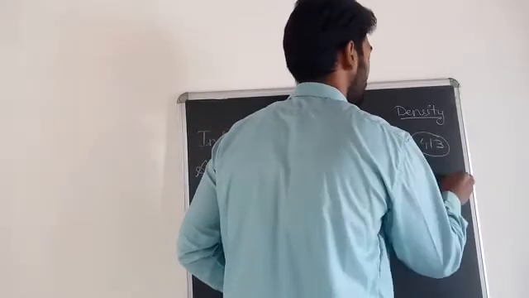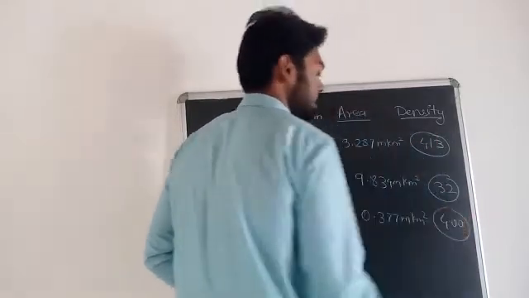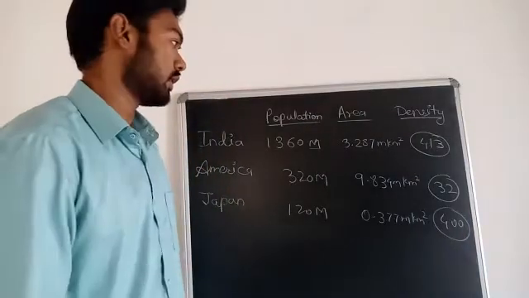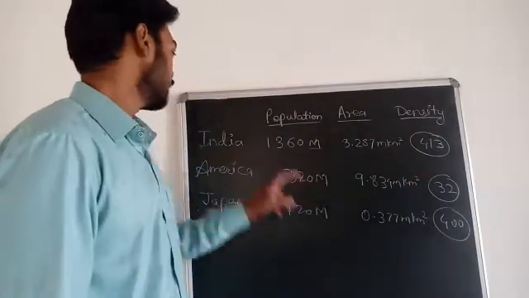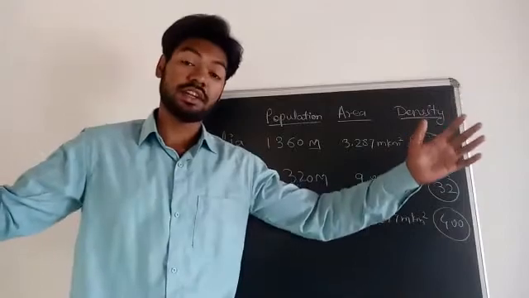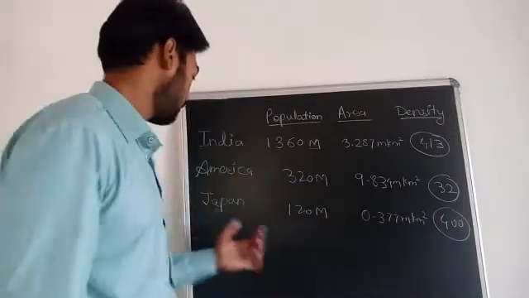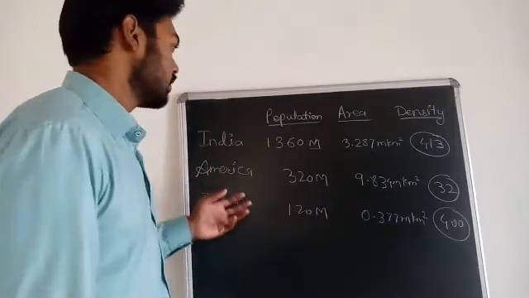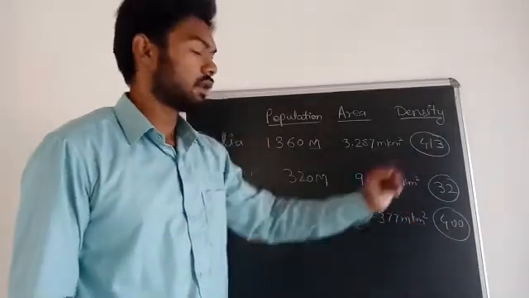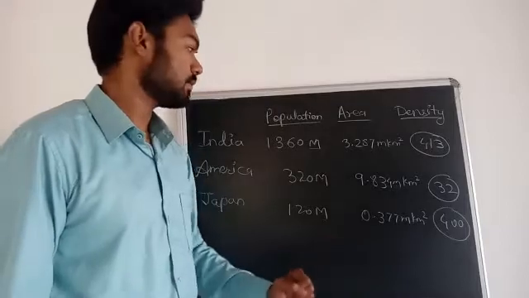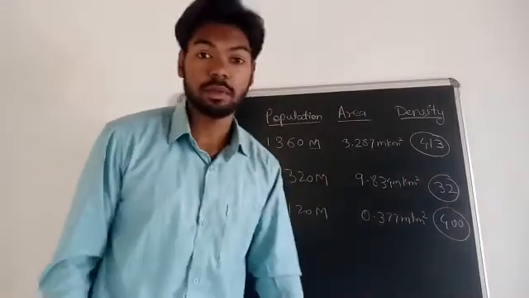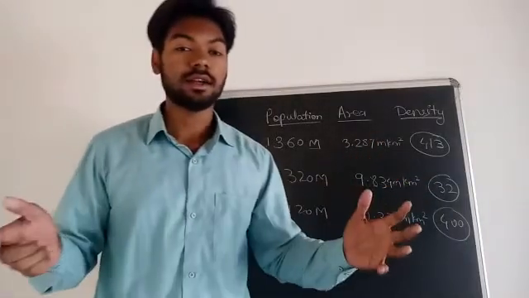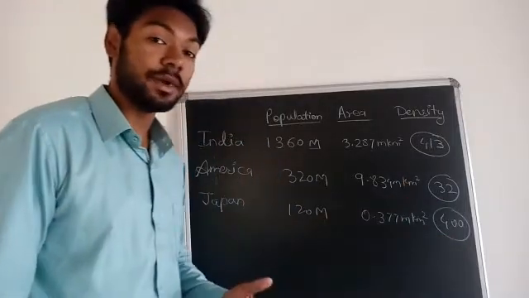Now, how are these numbers so different? Even India is a very huge country in front of Japan, which is just a tiny island, still the numbers are very close. And America, you might have seen on the map how big it is, but still how low the number is.